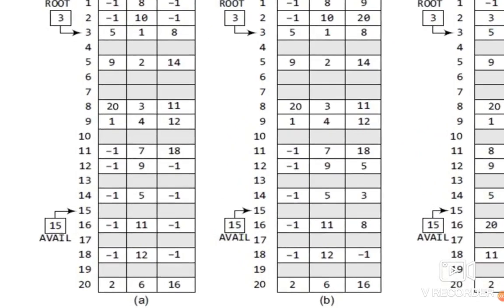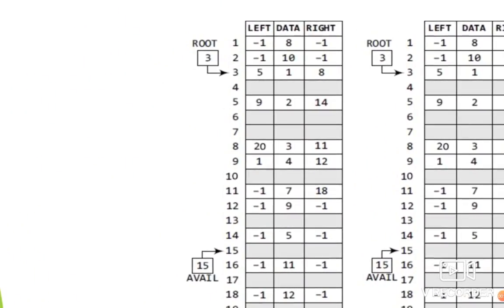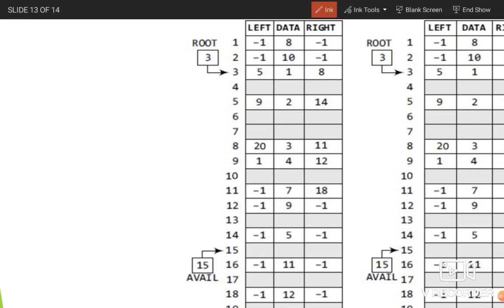If we don't have any child in the left field and the right field, it is represented as null. So -1 is used to indicate the null pointer. For example, for the node 8, we don't have its left child as well as the right child. Similarly, for the node 5, we don't have a left child as well as the right child.